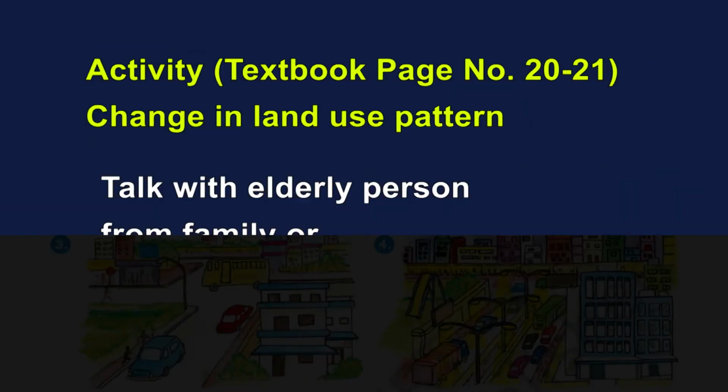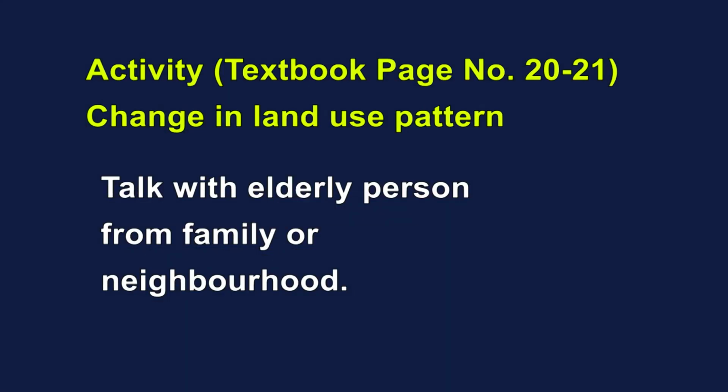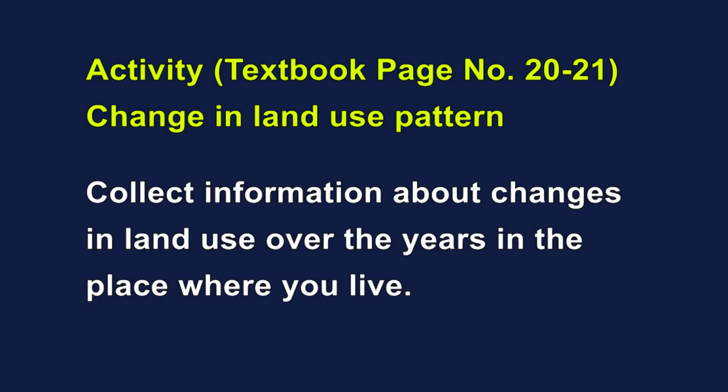Now I will assign you an activity as homework. Students, you have to do one activity to learn change in land use pattern with time. You will talk to some elderly person in your family or neighborhood and collect information about changes in the land use over the years in the place where you live.